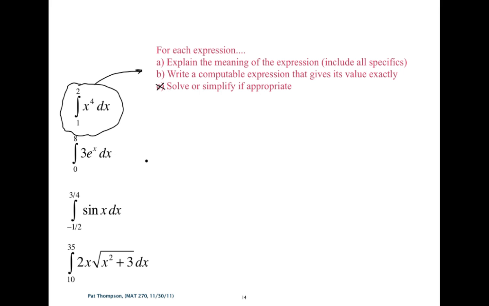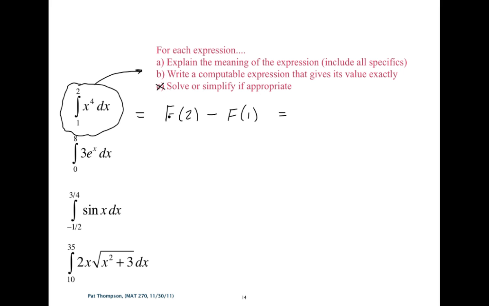And how can we find that total amount of change? By using the other way of computing it, which is final minus initial. And what is capital F compared to x to the 4th? X to the 4th is the rate of change of capital F. So we need the antiderivative, a function whose derivative is x to the 4th.